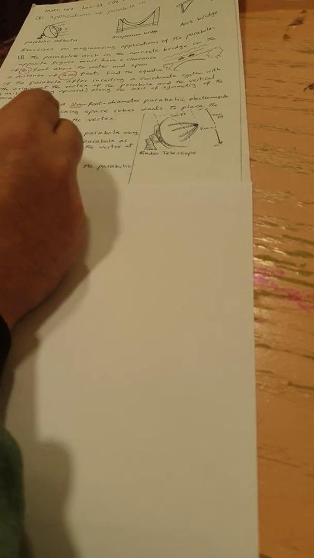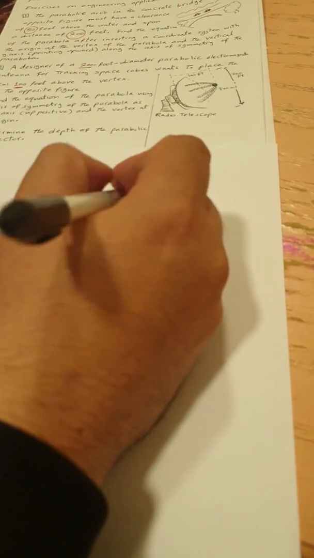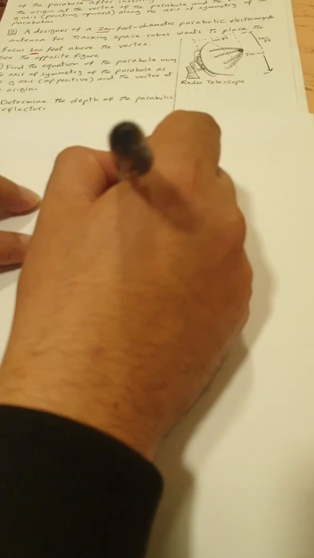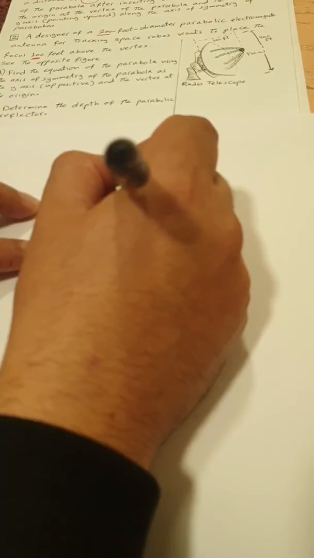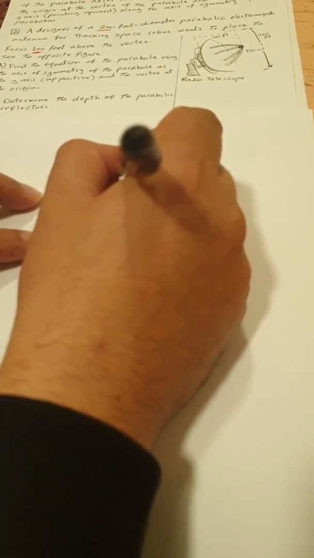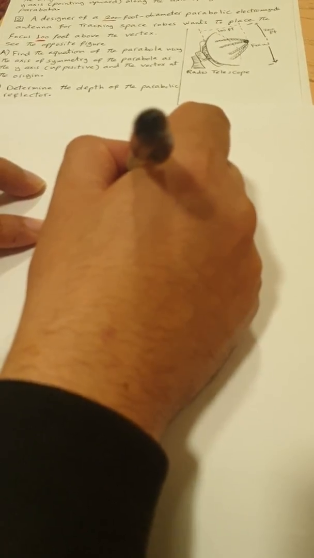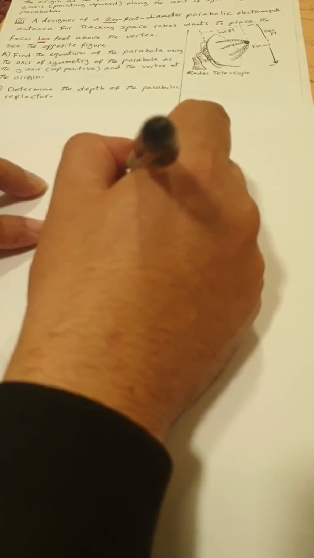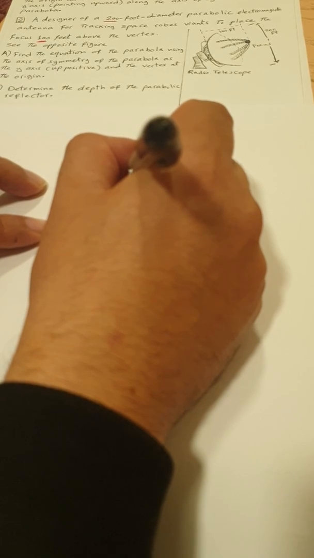Want to place the focus 100 feet above the vertex. See the opposite figures. So if we need to track the space probes, we need to locate the parabolic electromagnetic antenna like this.